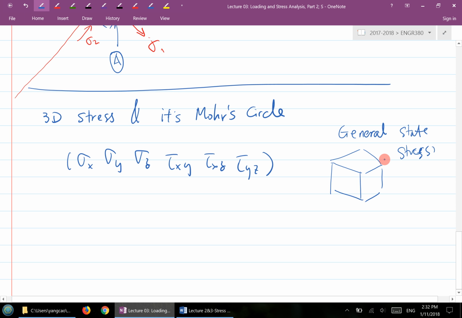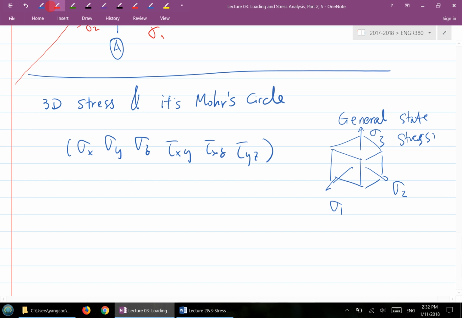Now when you have 3D, the rotation is not just in one plane. You could rotate this way first, then that way, and then this way, and at a certain orientation you will end up with the principal normal stresses. That's the nature of the 3D state of stress.